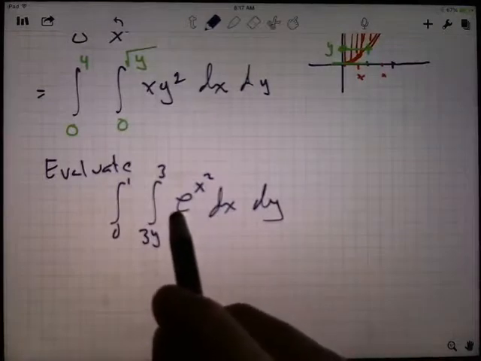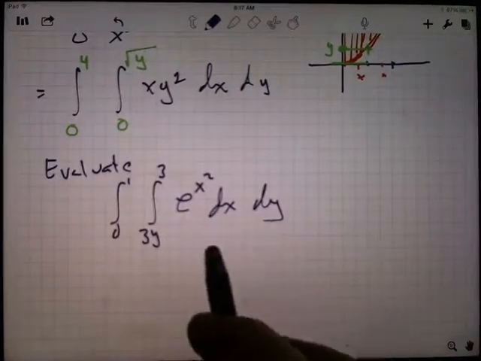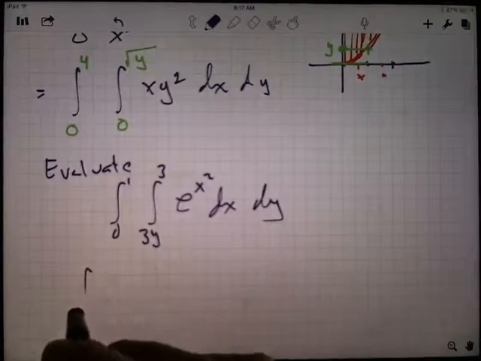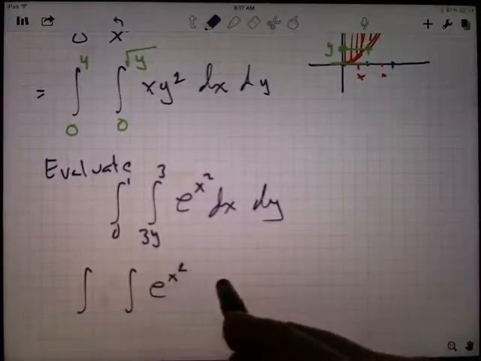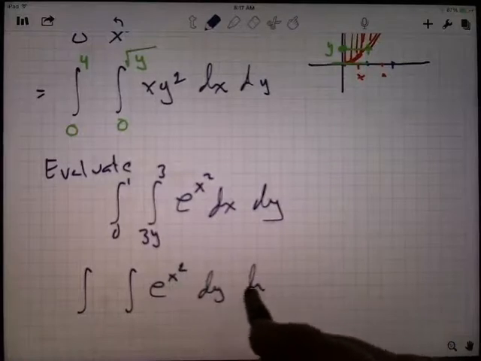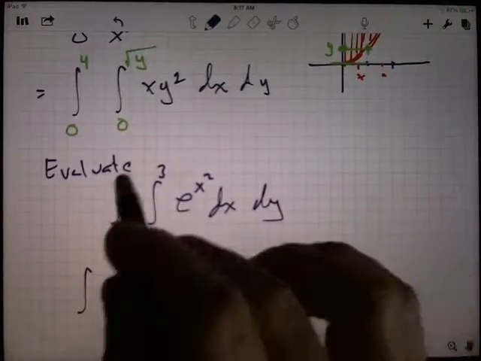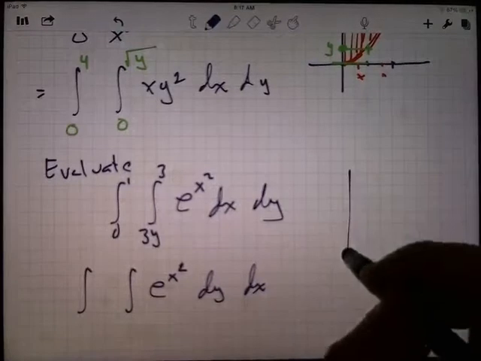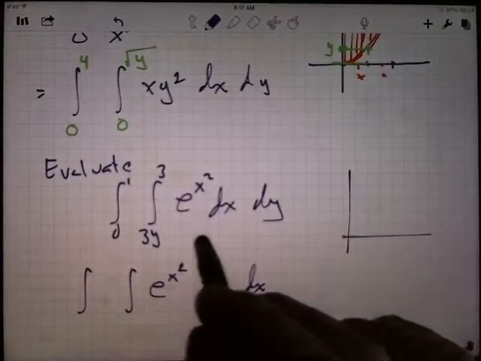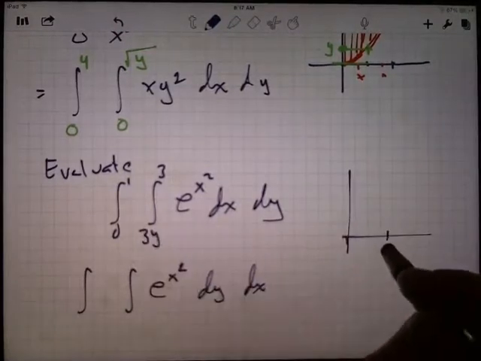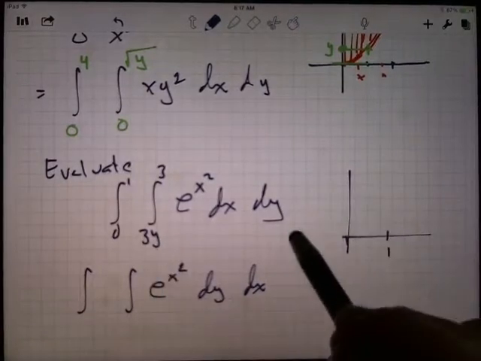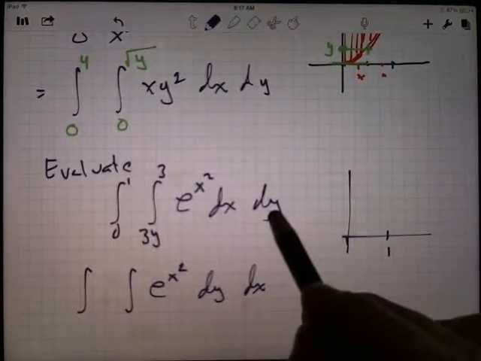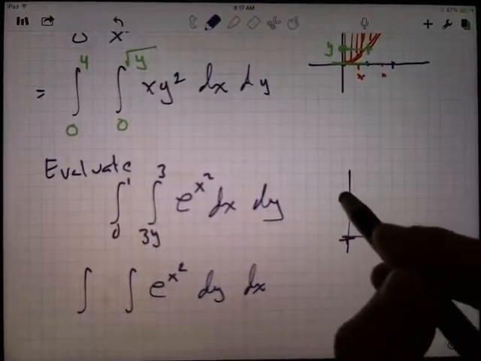Okay. So let's change the order so we can integrate with respect to y first. I want to set this up as an integral of the same function, but dy dx. So I have to establish what region I'm looking at here. I'm looking at this saying x is going between 0 and 1. No, I'm backwards. The outside integral is y here, isn't it? So y is going between 0 and 1.